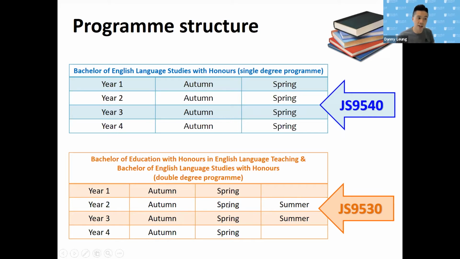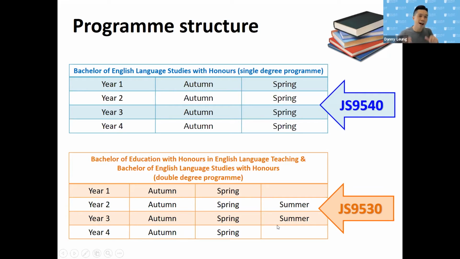Why is this the case? It's just because, as you can see here, in addition to the normal, conventional autumn term and spring term, we will actually ask you to do 2 summer terms, in your year 2 summer and your year 3 summer.